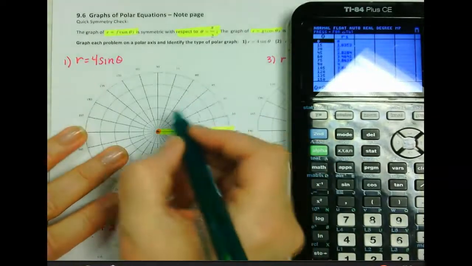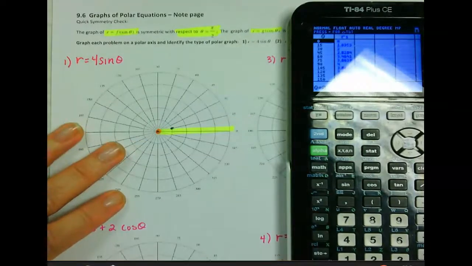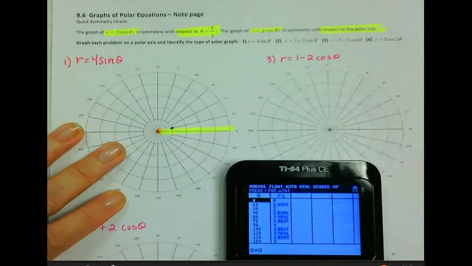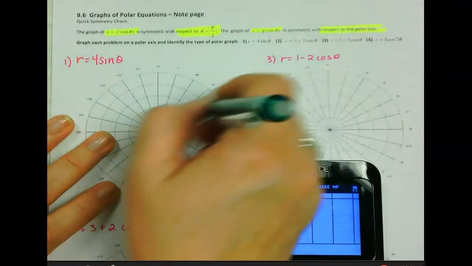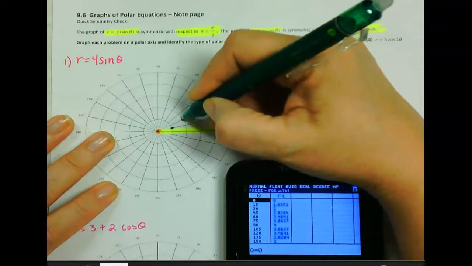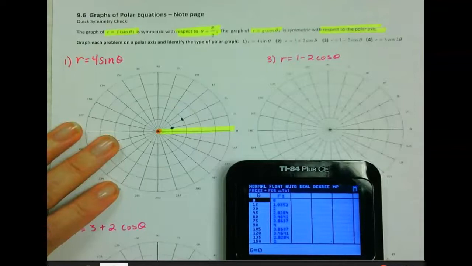So down the 15 degree line, I'm going to go 1 unit, and that's going to put something right there. Then I'm going to go to the next value in my table, which is 30 degrees, and I'm going to be at 2. So now I'm going to go down the 30 line, and I'm going to go out 2 rings down here. 1, 2. All right, then I'm going to go down to 45, and that's 2.8.